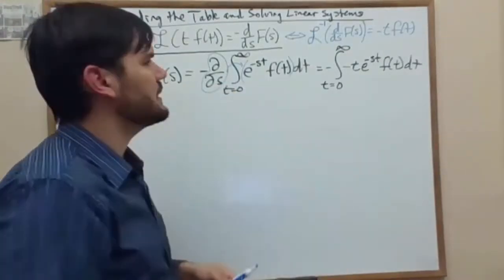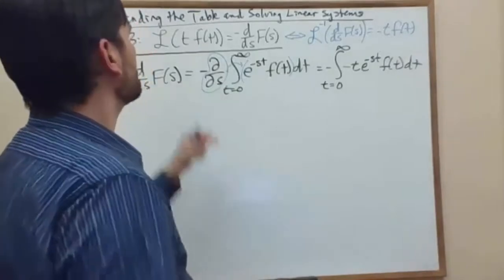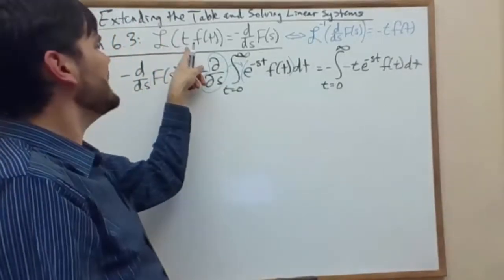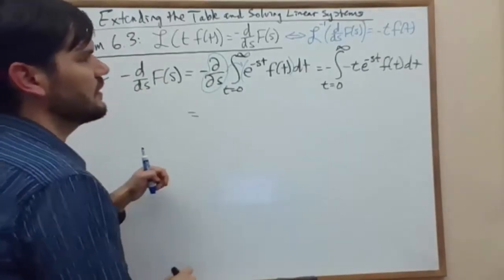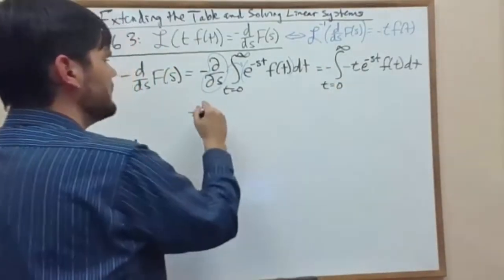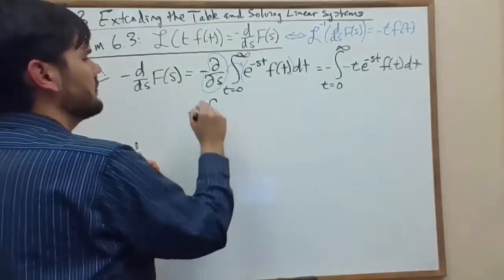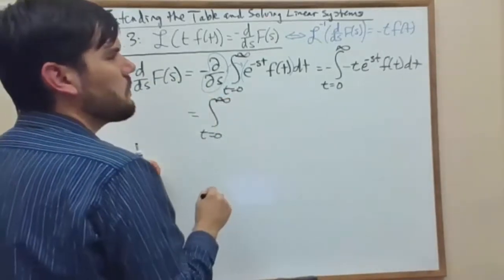And now we group our pieces together. We want to write this as the transformation of t times f. So our negatives cancel, and we get the transformation from t equals 0 to infinity.